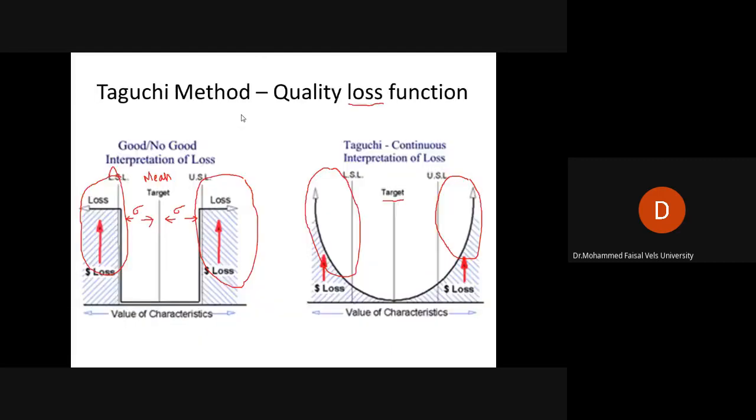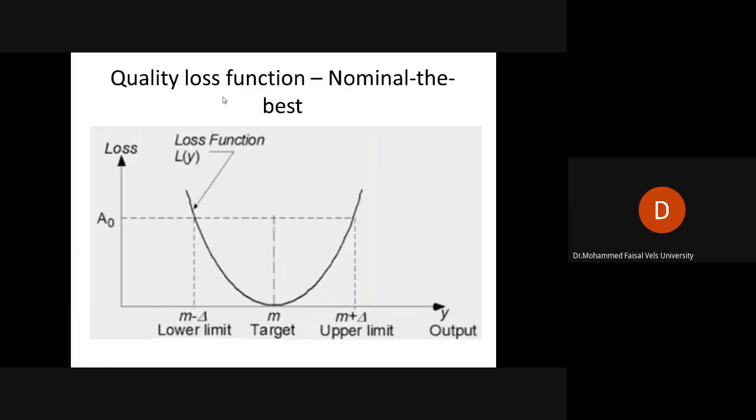First, Taguchi has given the value of the characteristic, which is the output. Now look over here. This is a quality function where the target is again the mean.